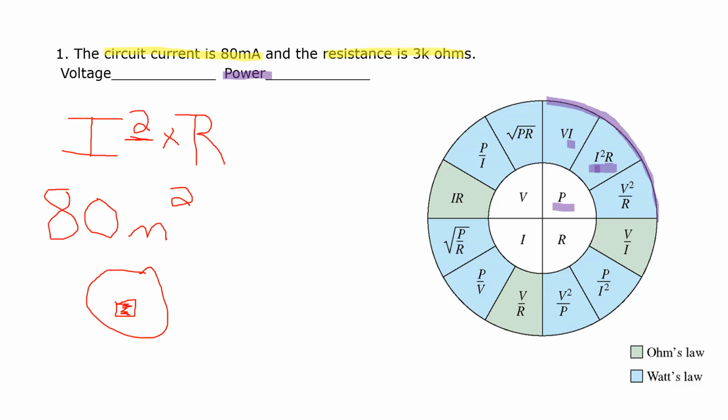It has a little square with an exponent of 2 on it. Then you're going to multiply that by 3K. You punch all of that in the calculator, hit execute or equals, and you're going to come up with 19.2.